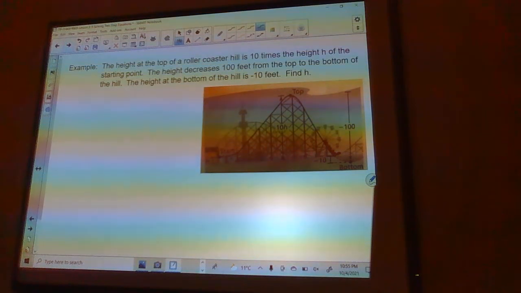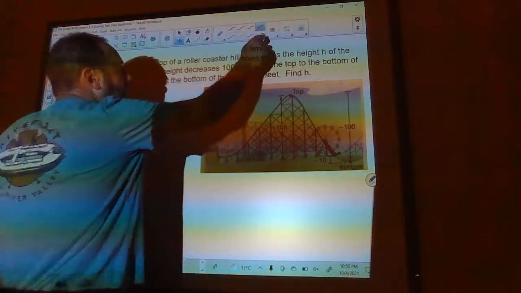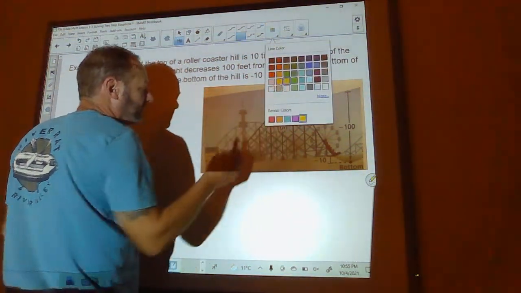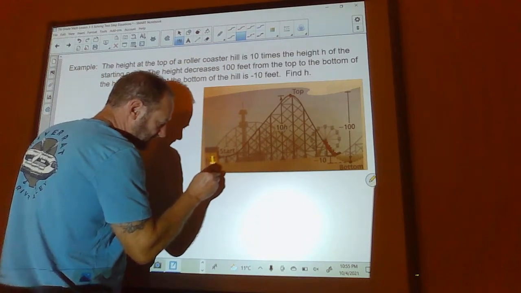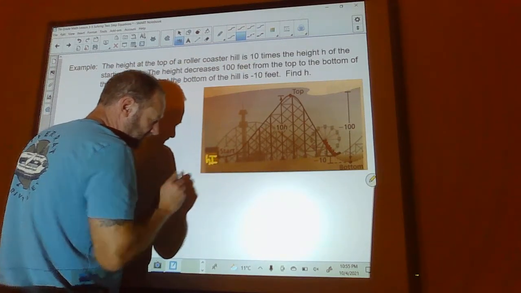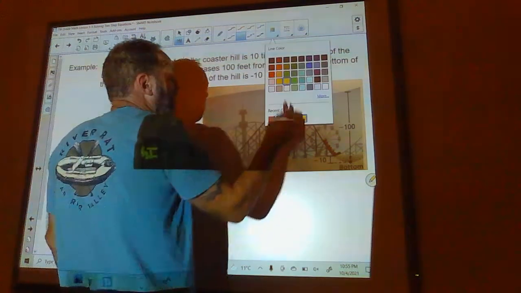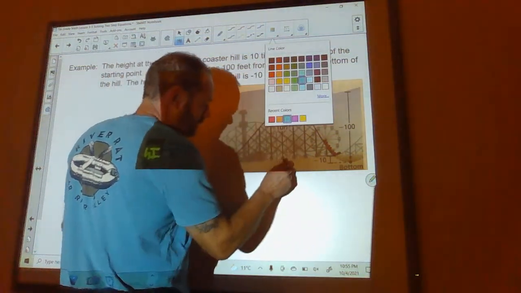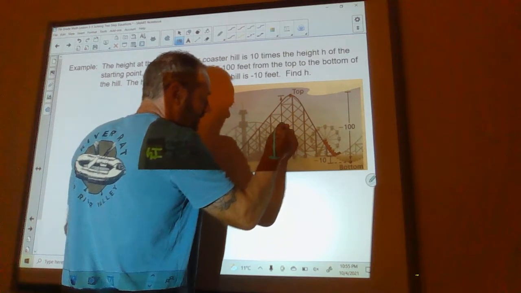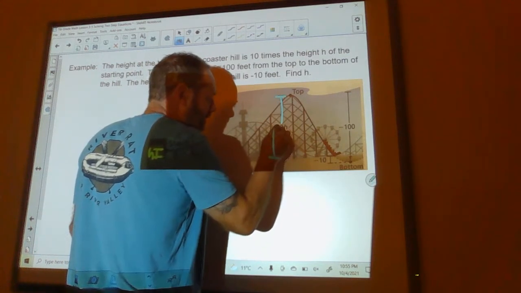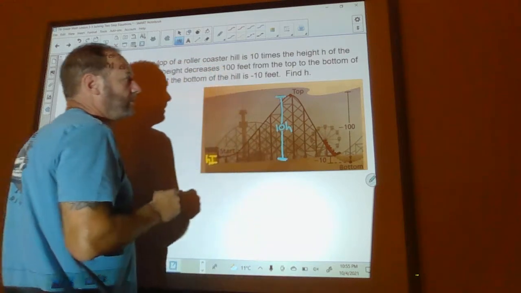So here we've got an interesting problem. We've got a couple things here. Let's kind of brighten some things up with some color here. So we've got this distance right here is h. And then this distance right here is 10 times h.